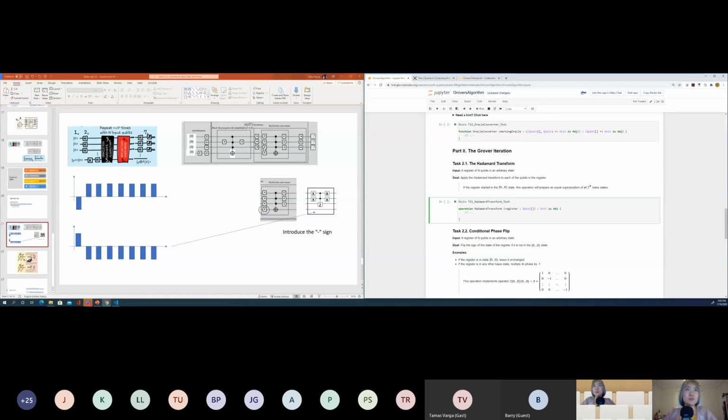You don't have to write 3 lines, like for all the qubits in your register do an H. We have a command called apply to each, and you can just do the H gate to the register.